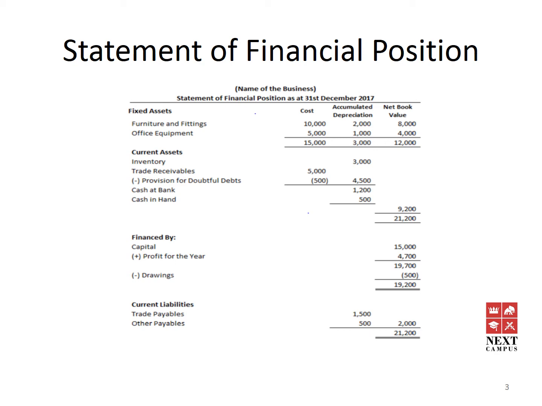Let's say in this particular example is the name of the business and statement of financial position as at 31st December 2017. So in the income statement you will record the revenue and expenditure, and in the statement of financial position you will record the assets, liabilities and equity as at a particular date.